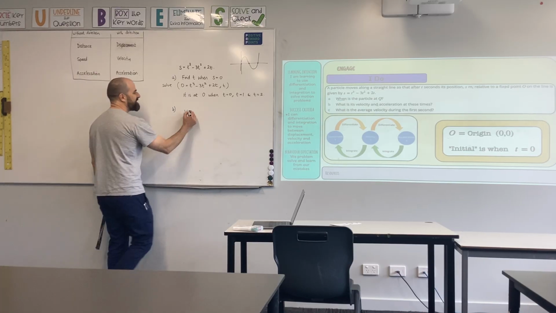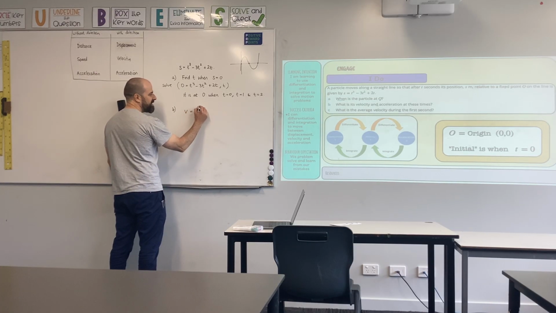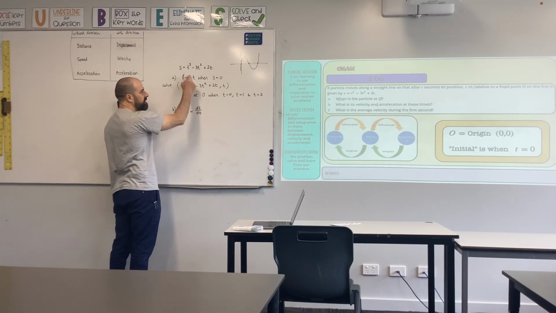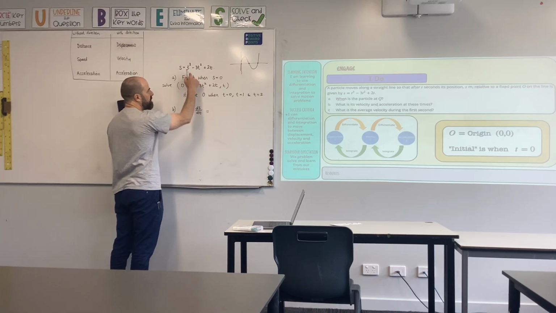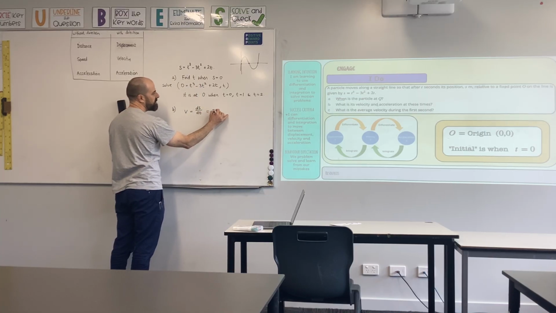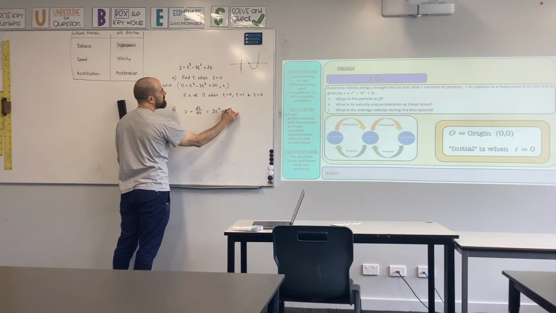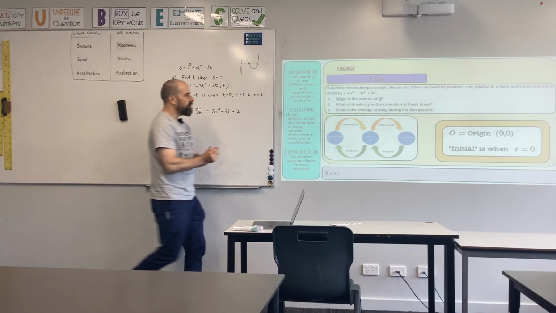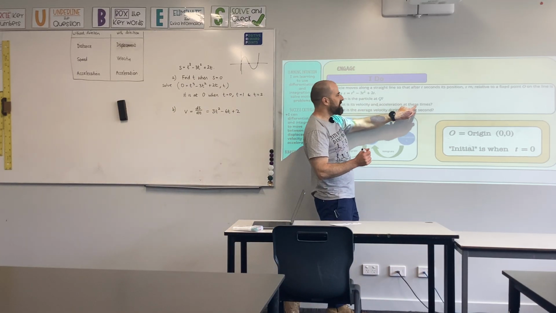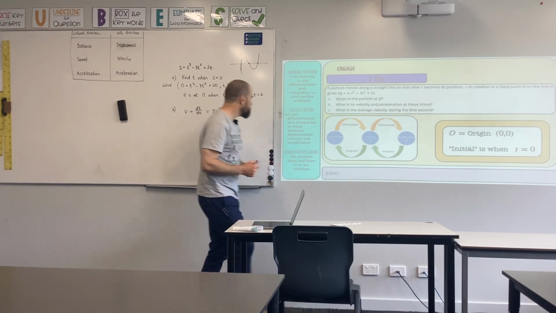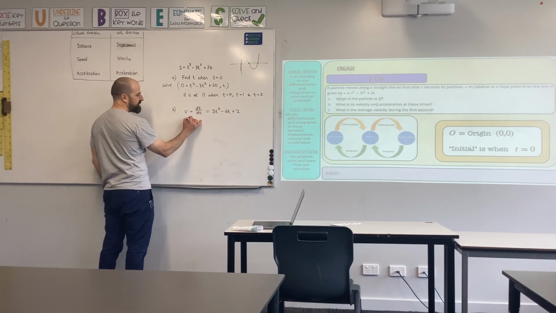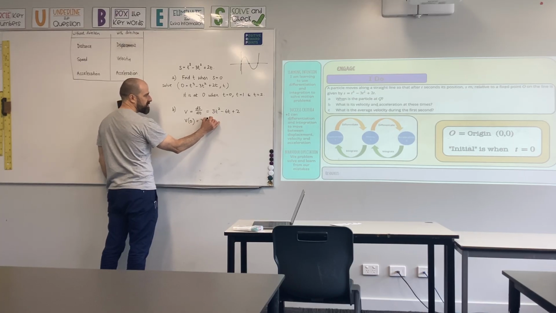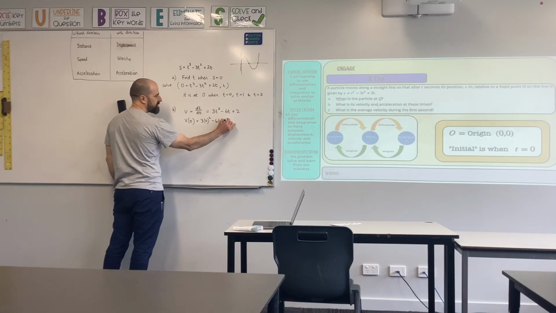V. V, excellent. So the velocity is the derivative of the displacement. So ds/dt. I differentiate this. If I differentiate this, 3t squared minus 6t plus 2. And we want to know what is the velocity and the acceleration at these times, the answers for this. So let's say, okay, when I substitute in 0, I get 3 times 0 squared minus 6 times 0 plus 2.